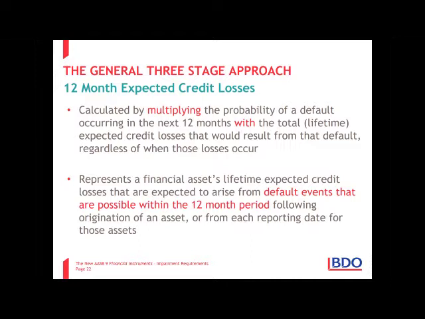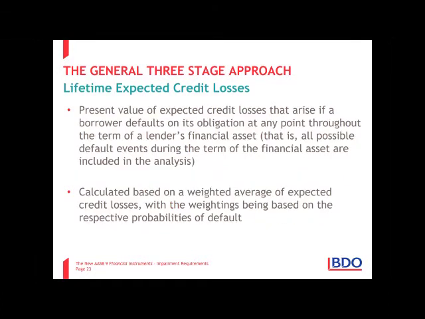It actually represents a financial asset's lifetime expected credit losses that are expected to arise from default events that are possible within the 12-month period. So default events possible within the next 12-month period. If you look at lifetime expected credit losses, it is the present value of expected credit losses that arise if a borrower defaults on its obligation at any point throughout the term of a lender's financial asset.